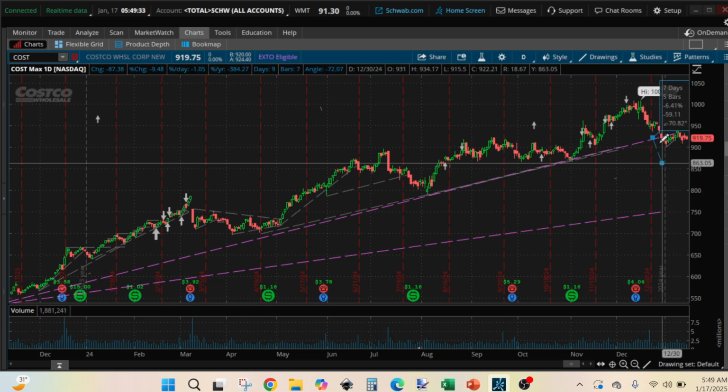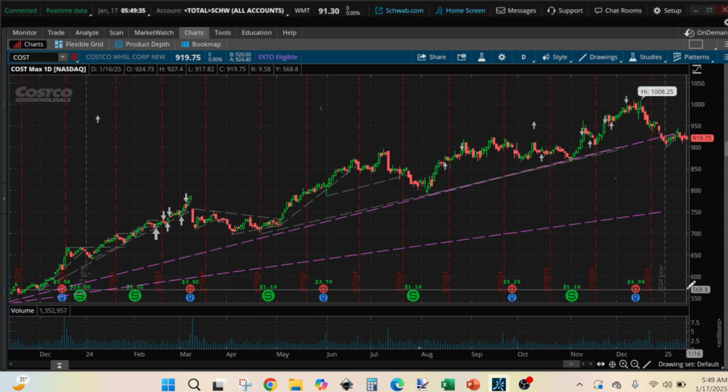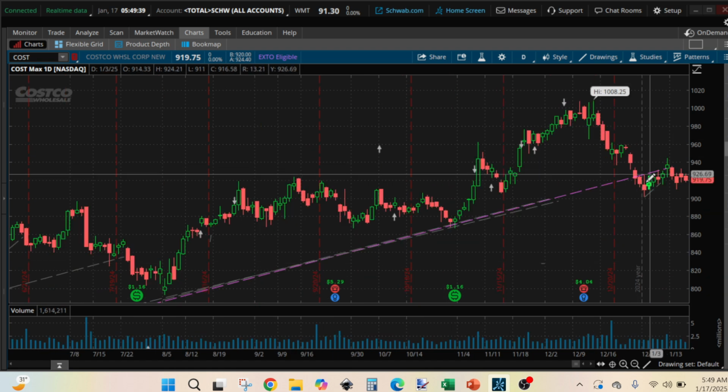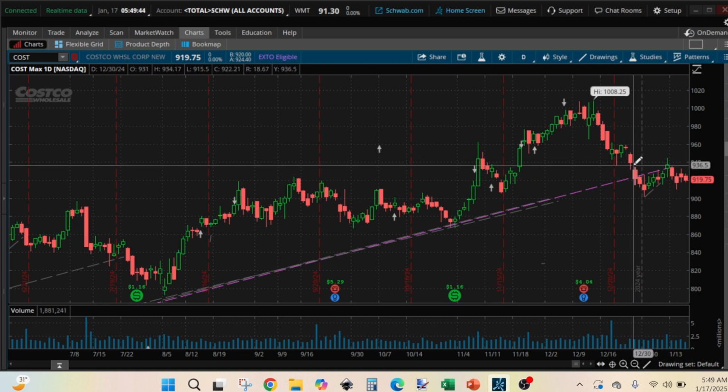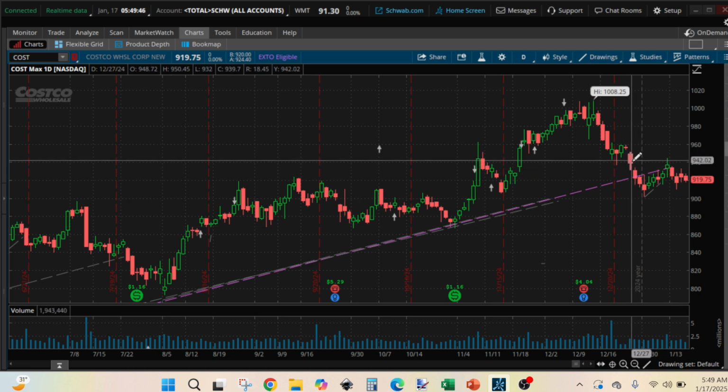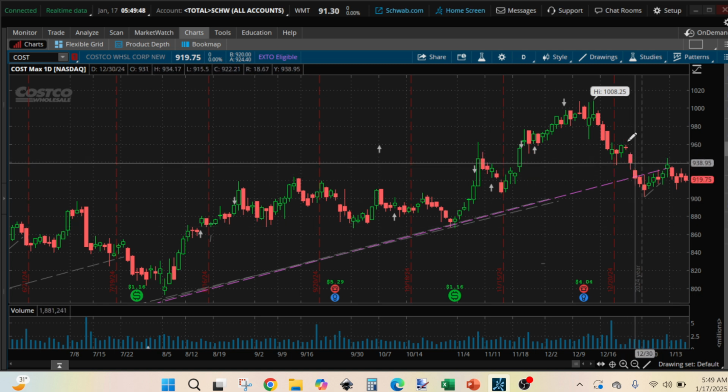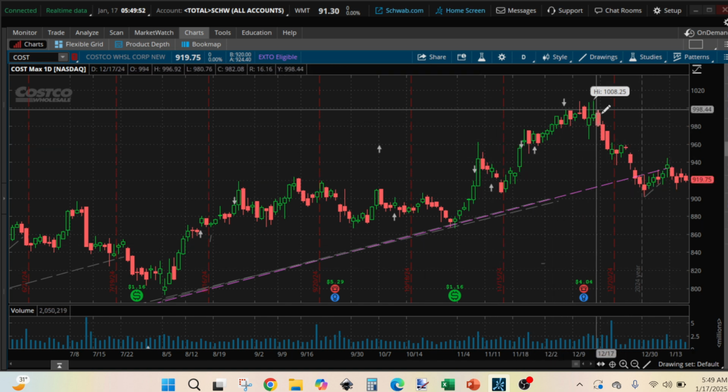Therefore, I'm going to be waiting a while to buy, and I'm going to be waiting a while to sell. And while I'm waiting, this is a daily chart, every single bar is a daily fluctuation of the price. So while I'm waiting, the price is going to continue to fluctuate.